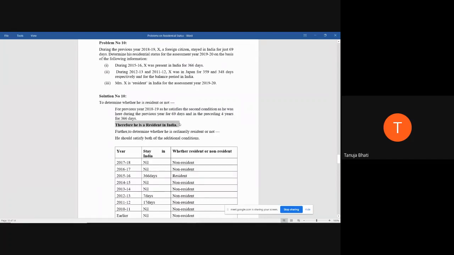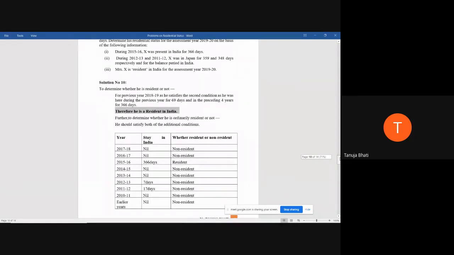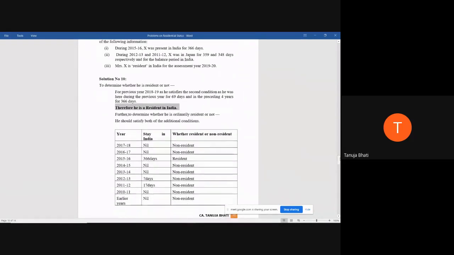Now, once we know he's a resident in India, we have to determine whether he's a ROR or RNOR. For that, what is the first additional condition? He should be a resident in 2 out of any 10 years preceding the relevant previous year.